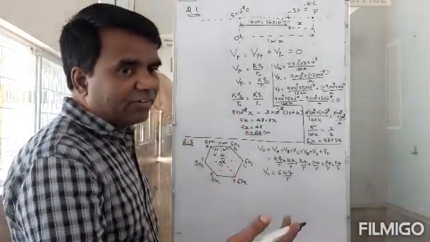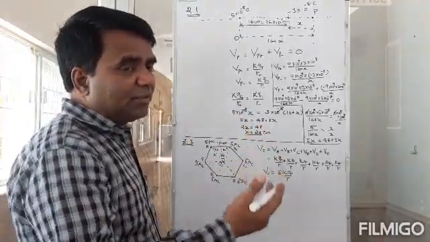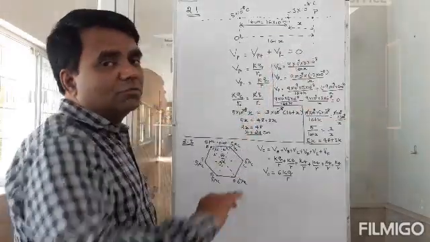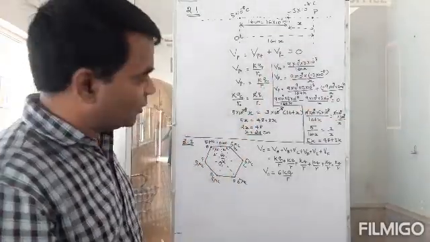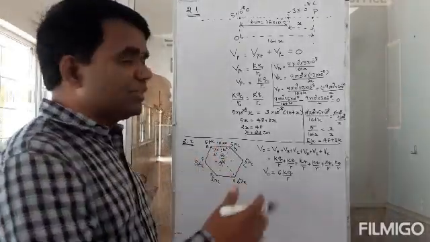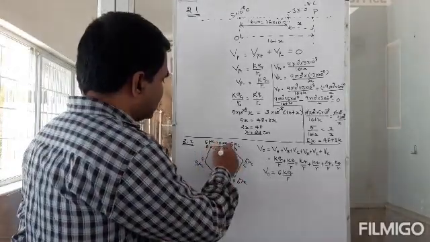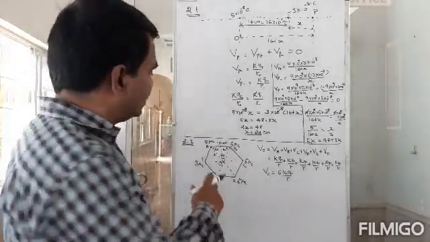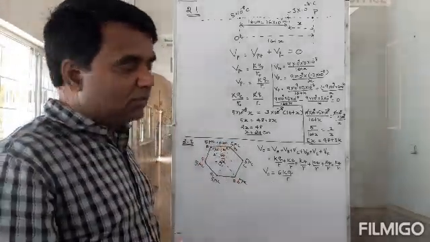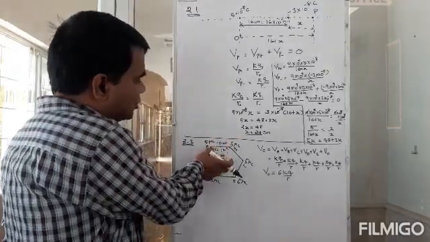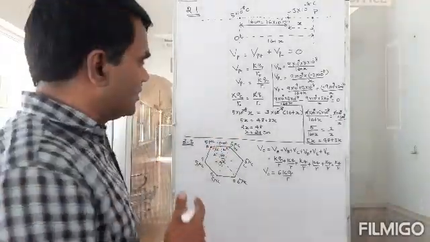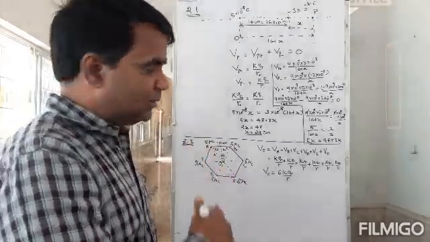Cos 60 is 0.5, so 5 by 0.5 is 5 into 2, which gives 10 again. But the simplest explanation is that since you have an equilateral triangle, all sides are equal, and they have given the value of one side, 10 centimeters. So this must also be 10 centimeters. That is also clear, right?